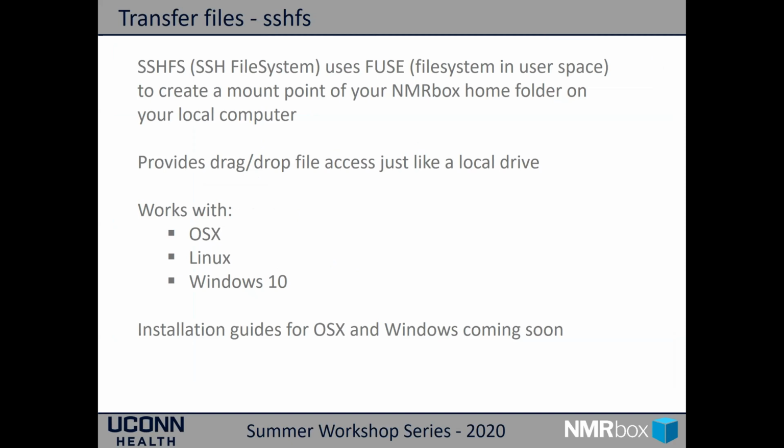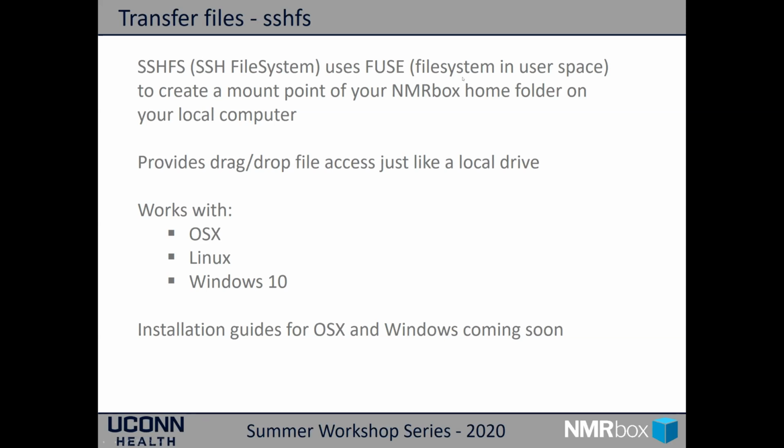So you can do secure copy, you can use SFTP, GUI-based applications, you can do Globus, and I've just stumbled across another file transfer utility literally a couple days ago, called SSHFS, which stands for SSH file system.